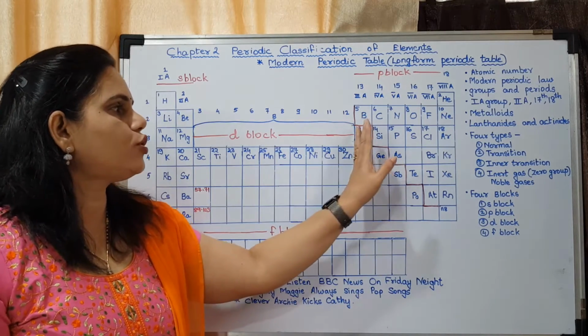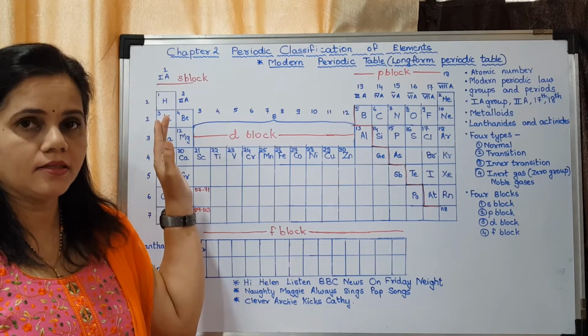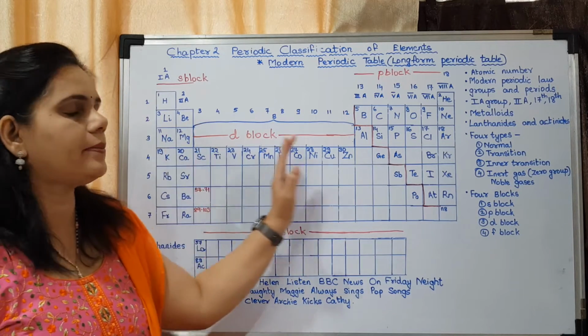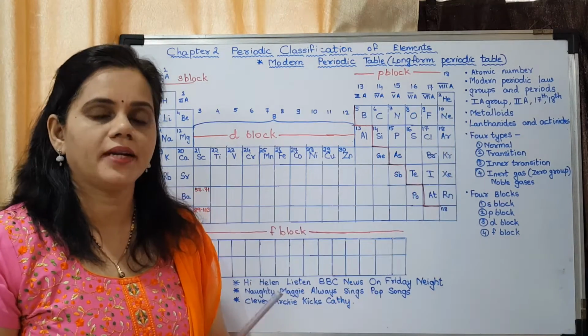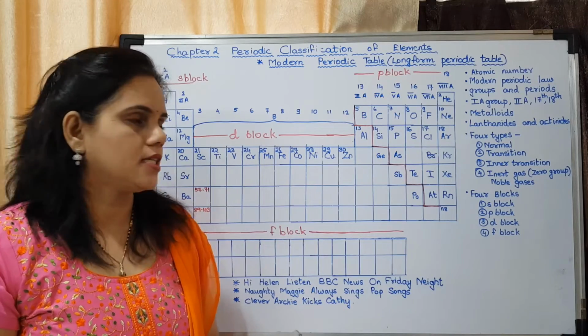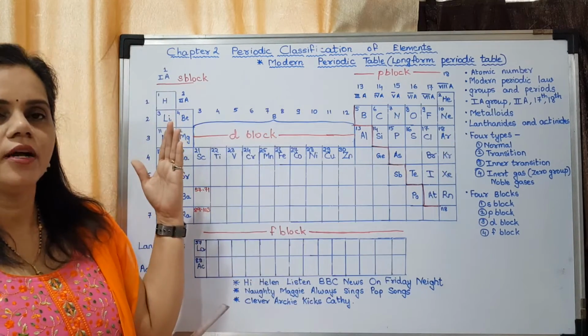The elements towards the left of the metalloids are all metals. You may see how many metals there are, and the elements towards the right of the metalloids are non-metals. So there are fewer non-metals compared to metals.